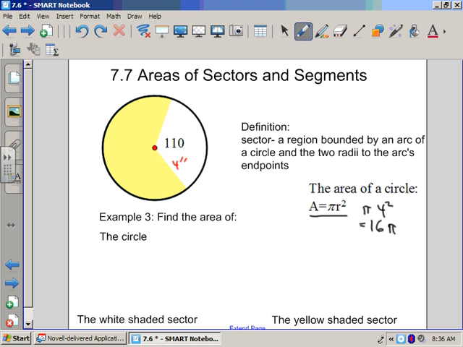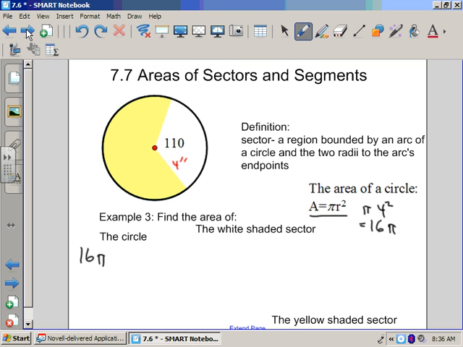When I'm trying to find the area of a sector, all I'm trying to find is a proportion of the circle based upon the area, which is going to depend upon how many degrees the measure of the central angle is. So over here I've got the area of the circle is 16 pi, and now I want to find the area of the white shaded sector.